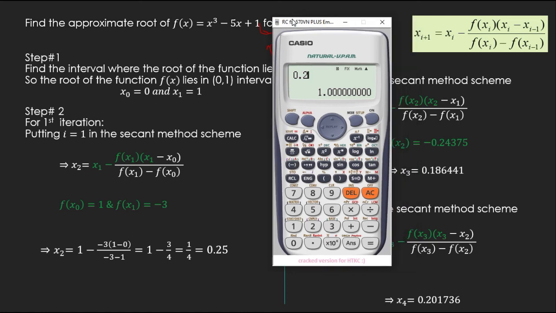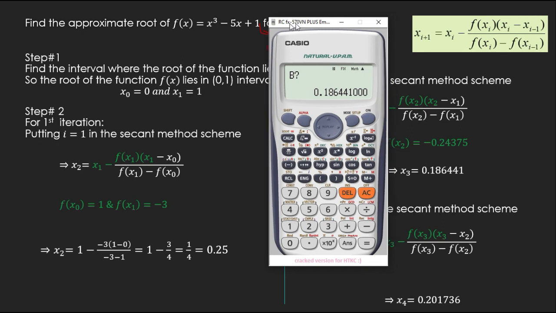We will get our third iteration after pressing the equal button, which is 0.201736. For the fourth iteration you need to repeat the process. Now what is the value of b?